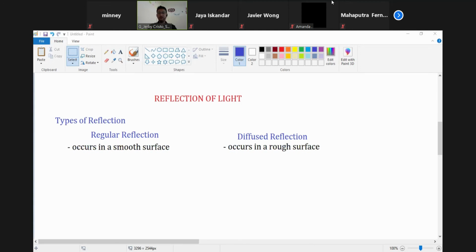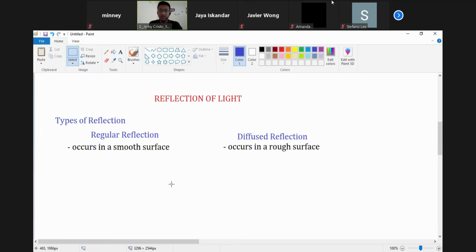For regular, the reflected rays are straight with the same angle.